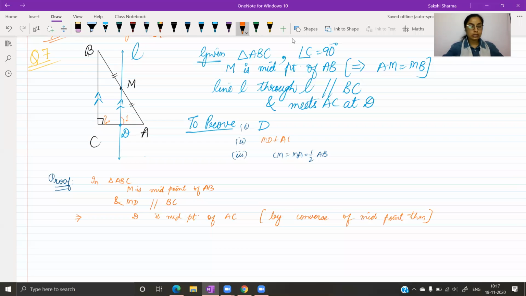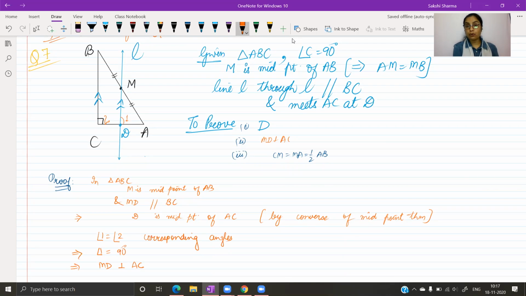That's what I am using here. Angle 1 will be equal to angle 2. Those are corresponding angles. Which makes your angle 1 equal to 90 degrees. And hence, the line segment MD becomes perpendicular to side AC. This is the second part.